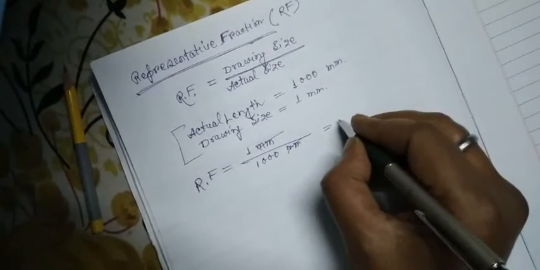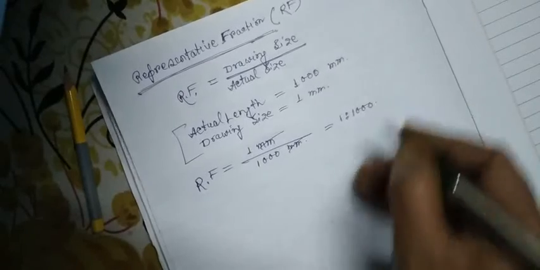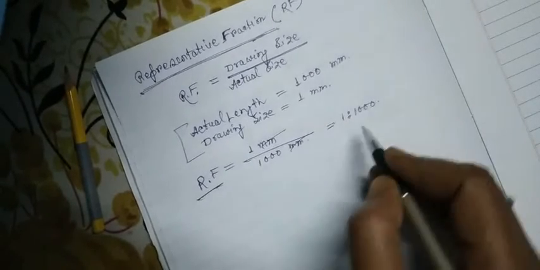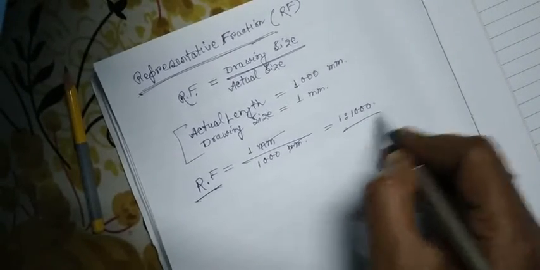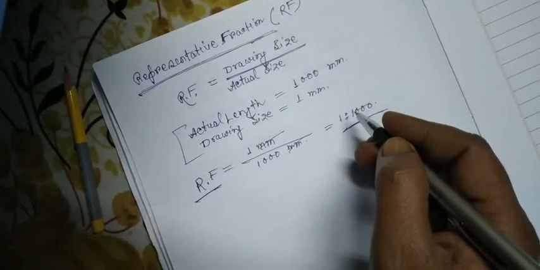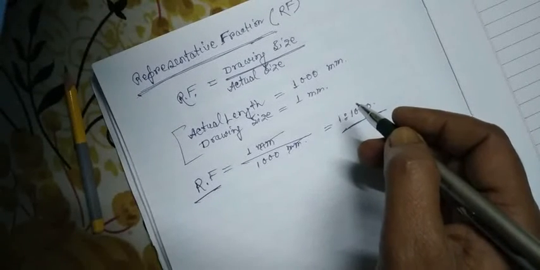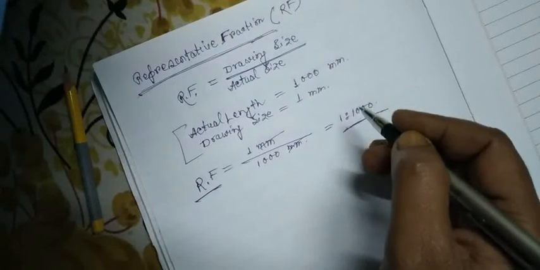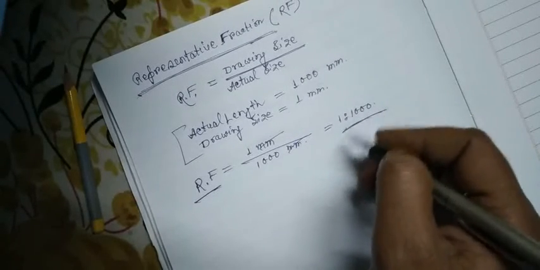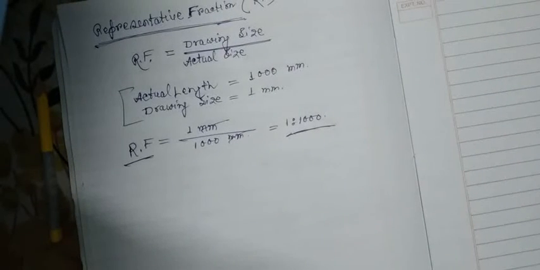It is 1 by 1000, that is 1:1000. So the RF is 1:1000 and it has no unit. Why? Because it is the ratio of two lengths, so representative fraction does not have any unit.